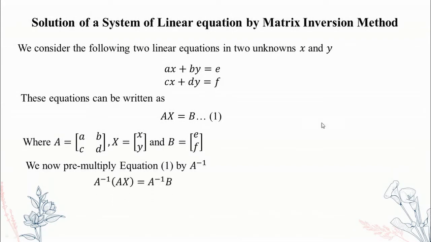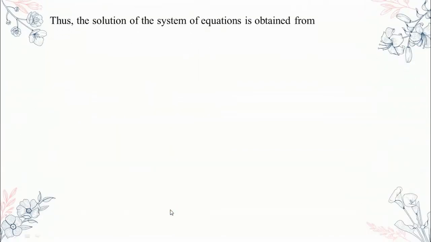We multiply both sides of the first equation with A inverse, and we get A inverse times AX equal A inverse B, or A inverse times A times X equal A inverse times B. We already know from the previous meeting that A inverse times A is the identity, so identity times X equal A inverse times B. When you multiply the identity with X, the value is X, so X is equal to A inverse times B. Thus the solution of the system of equations is obtained from X equal A inverse B. So when we have the variable X after A, the result will be X equal A inverse times B.